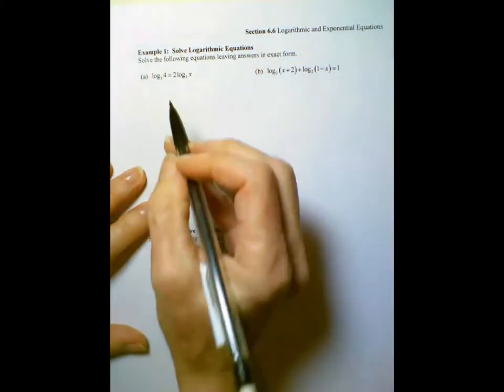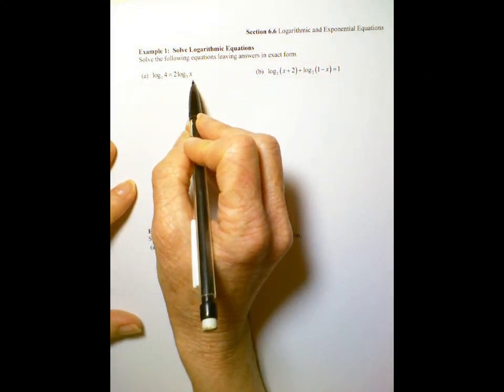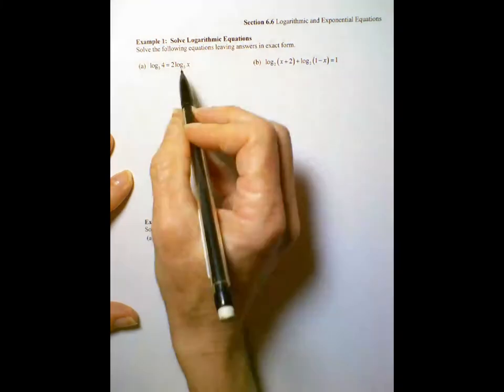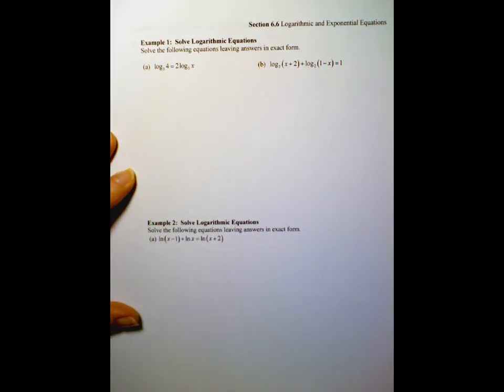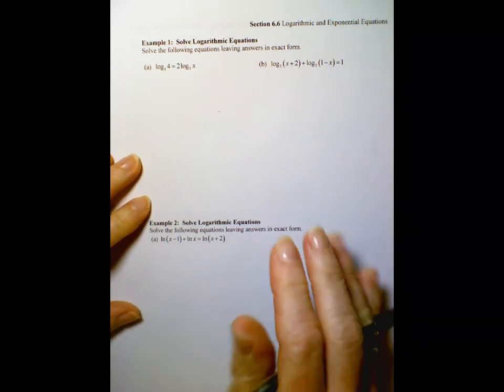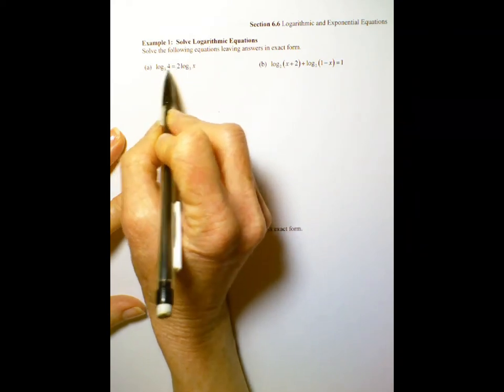So example 1, we have a log equals 2 times log. To solve this, we can use the idea of what? Which one of those? We can use the definition or the log equals log, right? Well, in this case, we can use log equals log, but it's not log equals log yet.